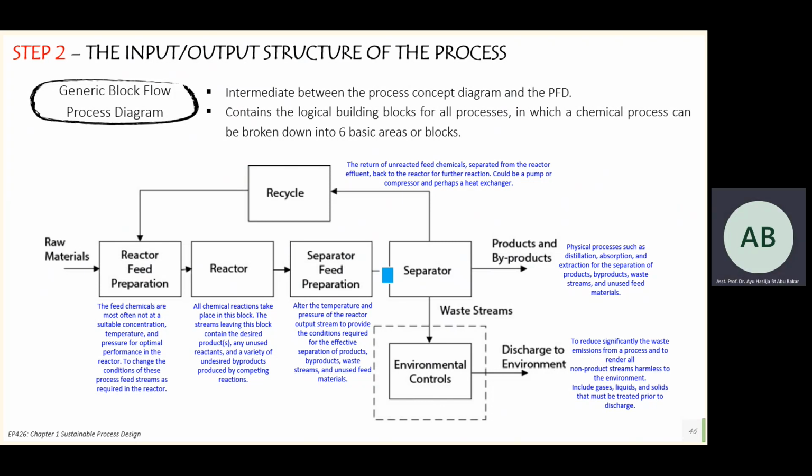Okay, because gas, liquid, you will need different type of separator. For gas, you cannot use distillation column, right? So you should identify what kind of separator that is suitable for your feed. Okay, clear this one? Any questions so far? Step 1 and step 2?